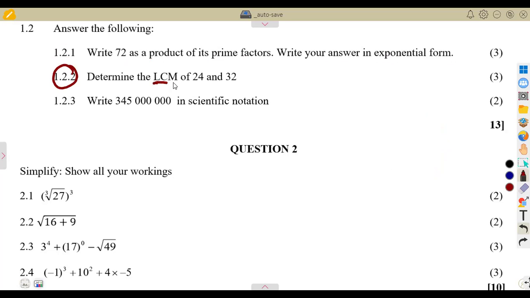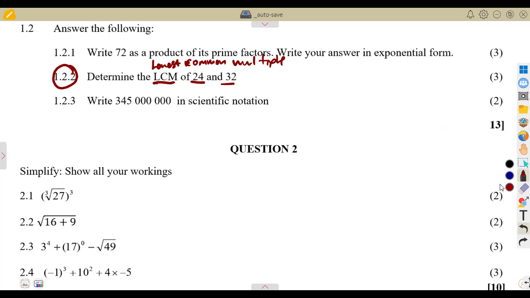1.22, determine the LCM, that is the lowest common multiple, of 24 and 32. As we know, the highest common factor and the lowest common multiple can be determined as long as our numbers are written as prime factors or in exponential form.